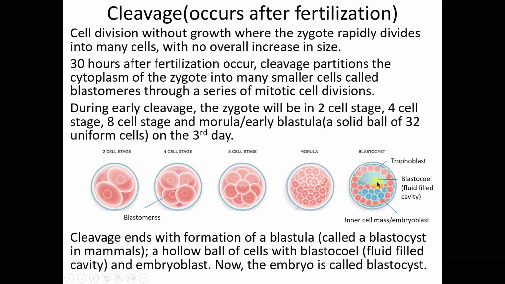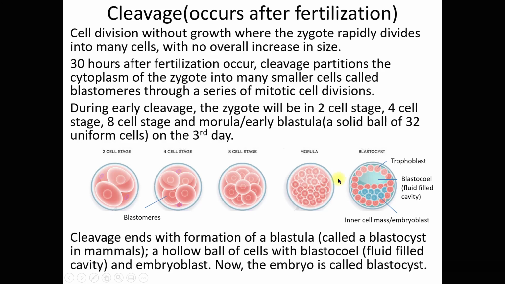It is an empty space but with fluid inside. It's a hollow ball of cells with blastocele, and it has embryoblast. This is the embryoblast, also called the inner cell mass. Now, this embryo is called a blastocyst.